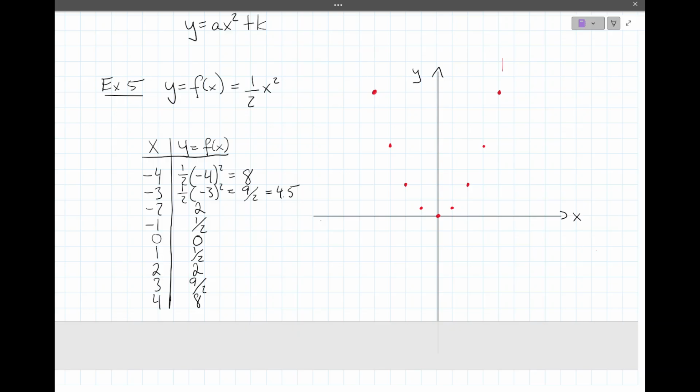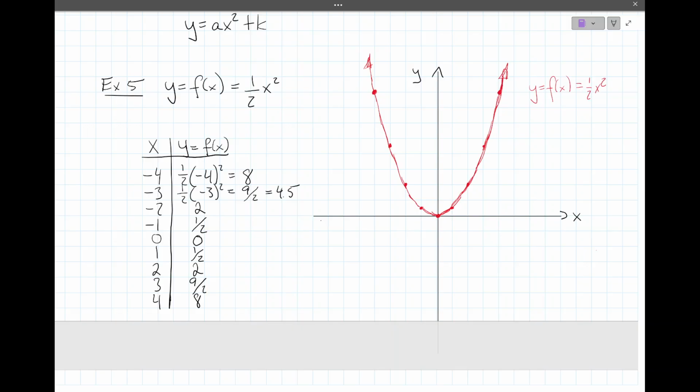And we're going to take this, and we can see as we connect our dots here that this is now going to be a wider parabola, right? Our parabola widens out and we get a nice wider parabola. If we didn't have this wider parabola, what the original shape looked like, so I'll make this note here, y equals f of x equals 1/2 x squared.